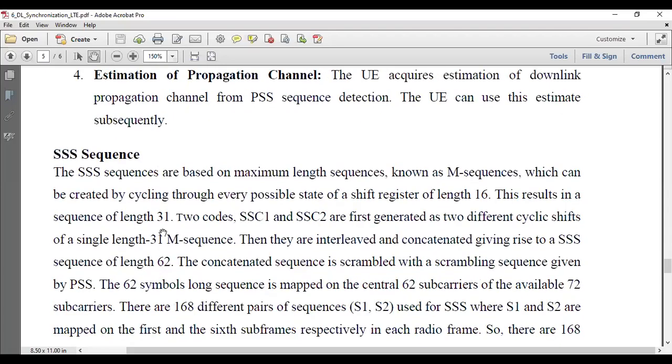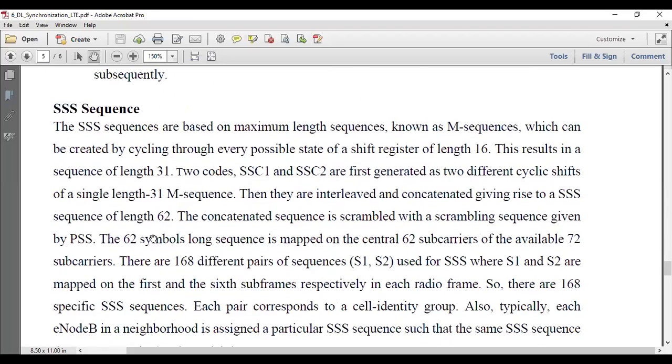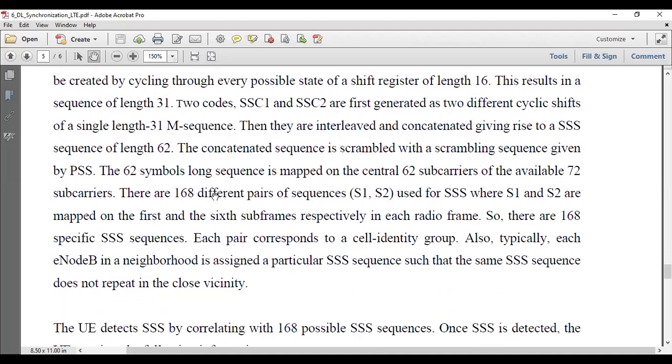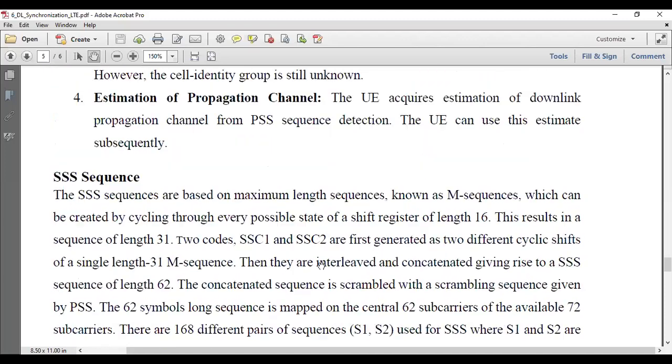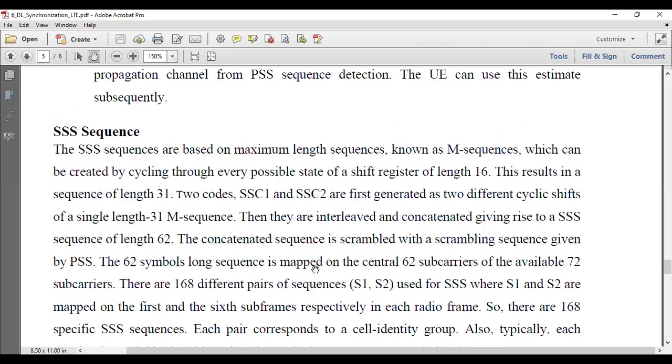The second stage is SSS. It generates two different codes, SSC1 and SSC2. For one group, one of the 168 groups, it uses two different codes, again in the frequency domain.